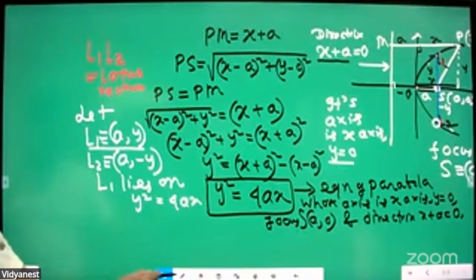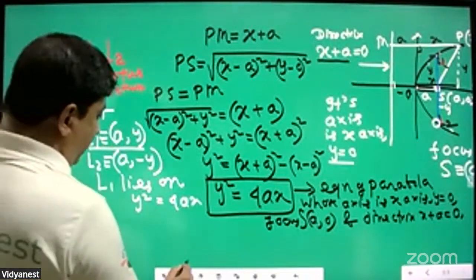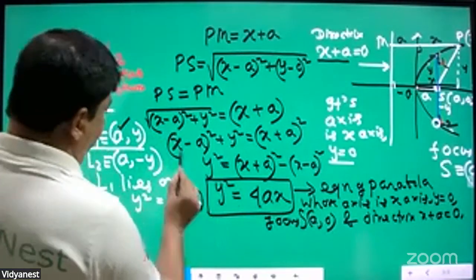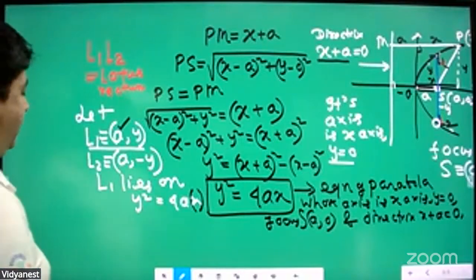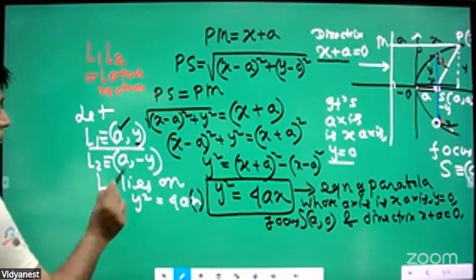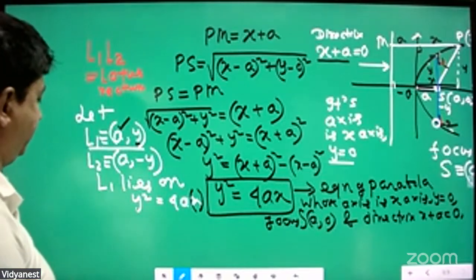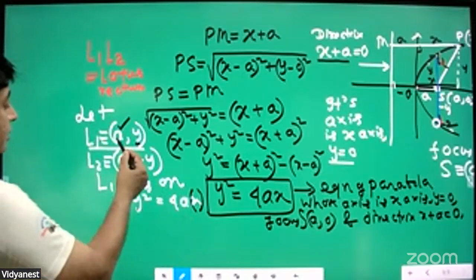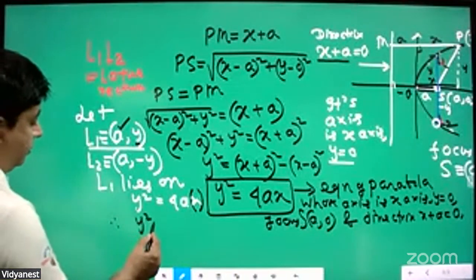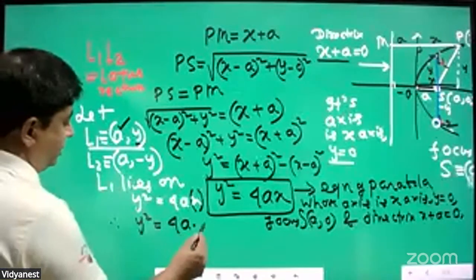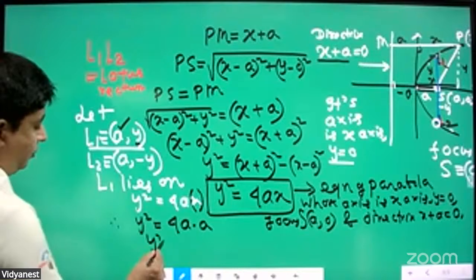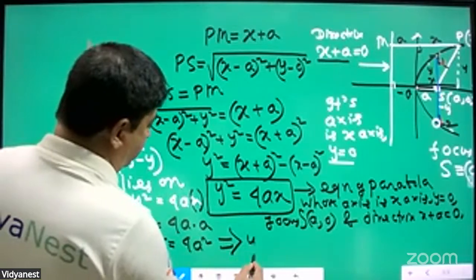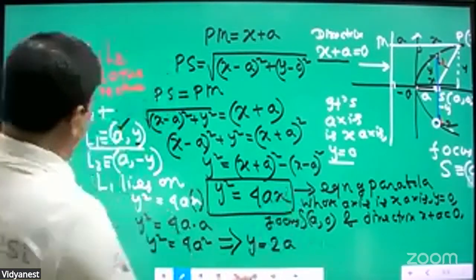So as L1 lies on y square is equal to 4ax, therefore the x component of L1 will replace the x component of the curve and the y component of L1 will replace the y component of the curve. So that means as L1 lies on this, this point satisfies the equation. So y square is 4a square, which implies y is equal to 2a.